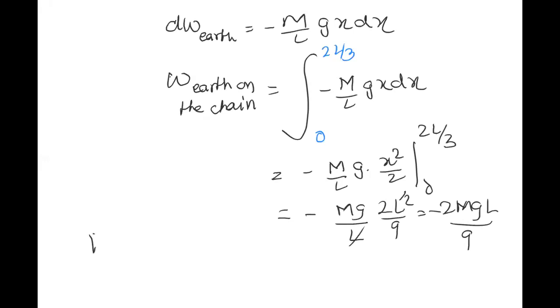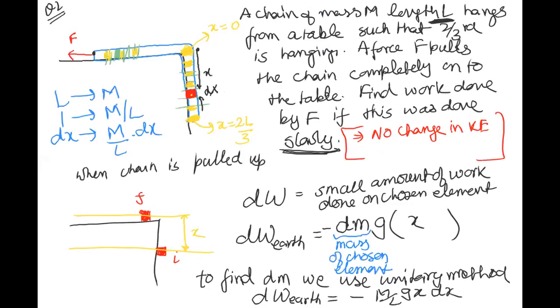Now, for the whole chain, नहीं, xi और xf की बात नहीं है. x देखो कहां से कहां तक वेरी कर रहा है. x is the distance of this red element from the edge of the table, right?